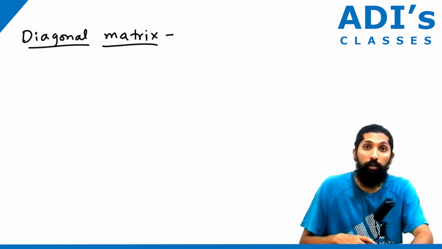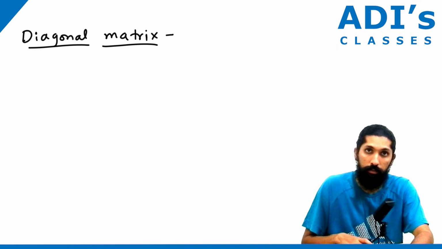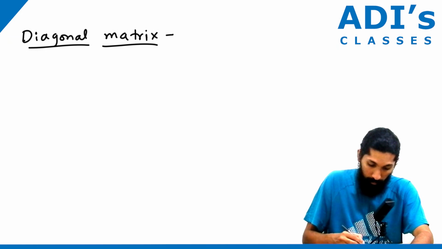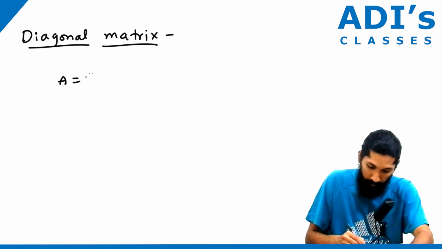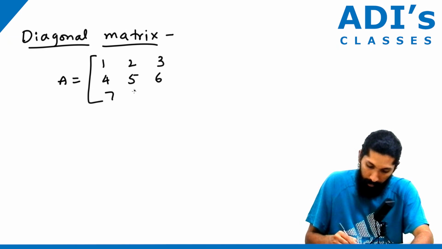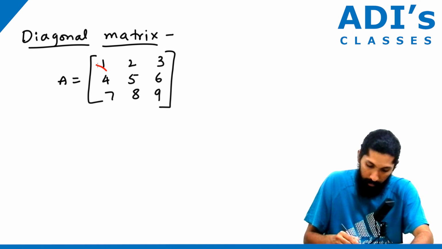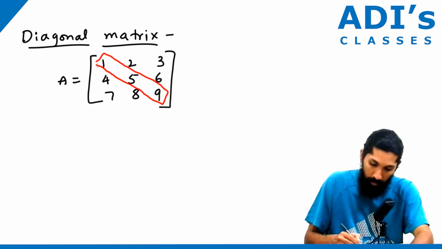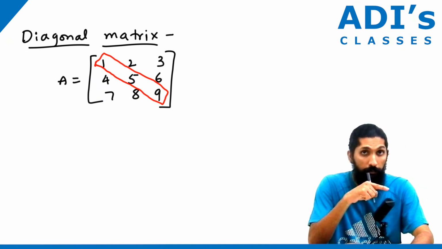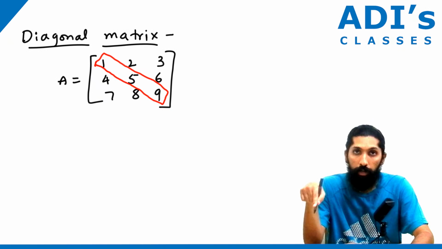Let's take a 3 cross 3. A 3 cross 3 is a square matrix, correct? Say A is equal to 1, 2, 3, 4, 5, 6, 7, 8, 9. Now, here, the principal diagonal is this value, from the left top corner to the bottom right corner.